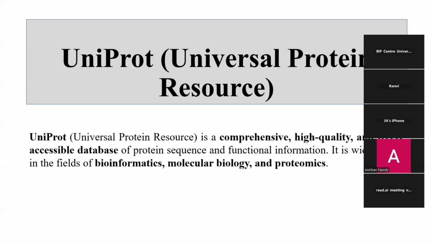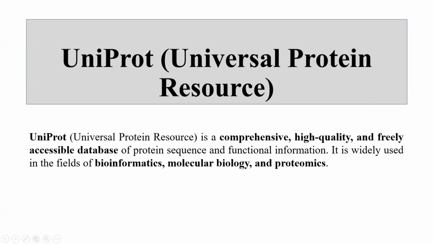So what is UniProt? UniProt is the Universal Protein Resource. It is a comprehensive, high quality, and freely accessible database of protein sequence and functional information, and it is widely used in bioinformatics, molecular biology, and proteomics.